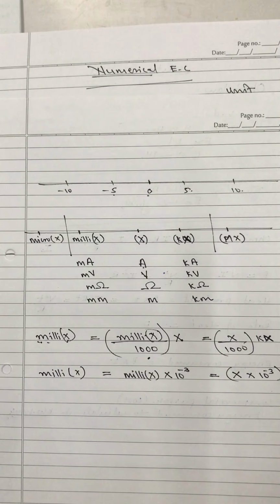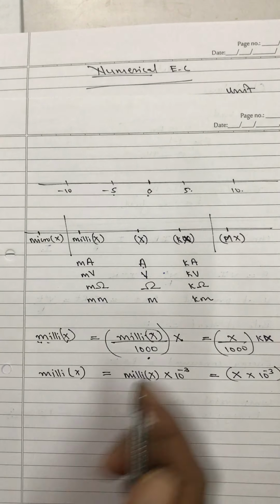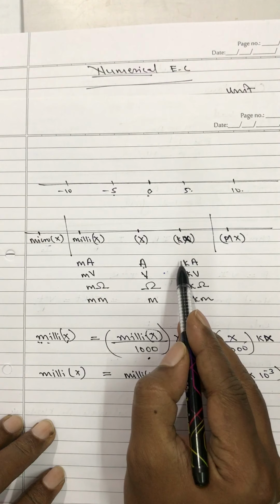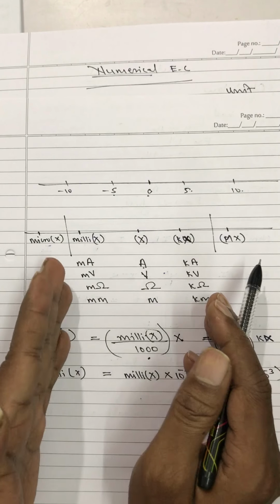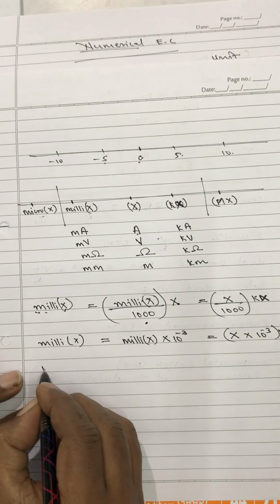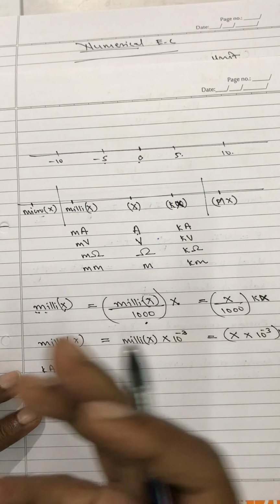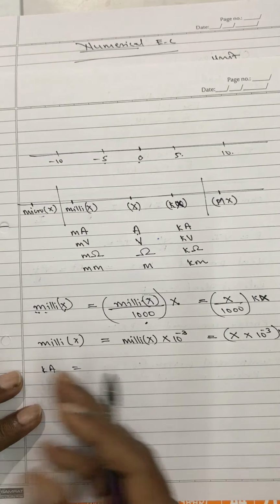Okay, my dear students, so it can be in this fashion, and similarly you can go in the reverse fashion. Sometimes you will be given kiloamperes and you want to convert it into amperes. Kiloampere multiplied by 1000 will give you amperes.